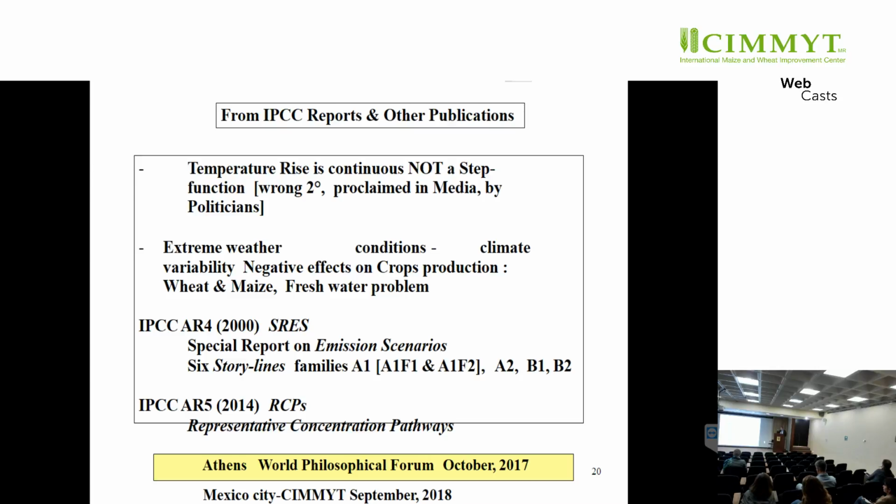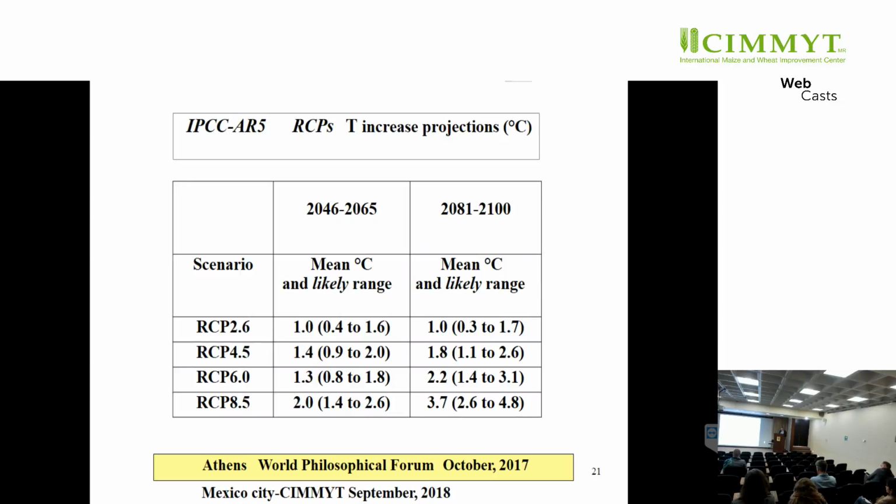So they changed to another, or completed it with the concentrations of greenhouse gases, which is much more realistic. You can measure them, and hopefully they're correct. So the one which is mostly cited, here I have a table.